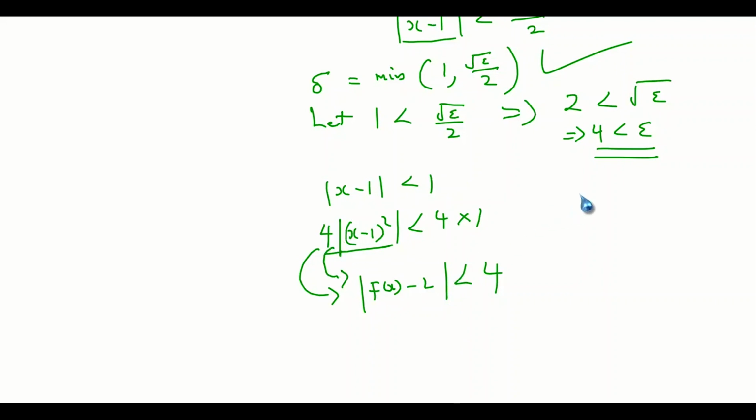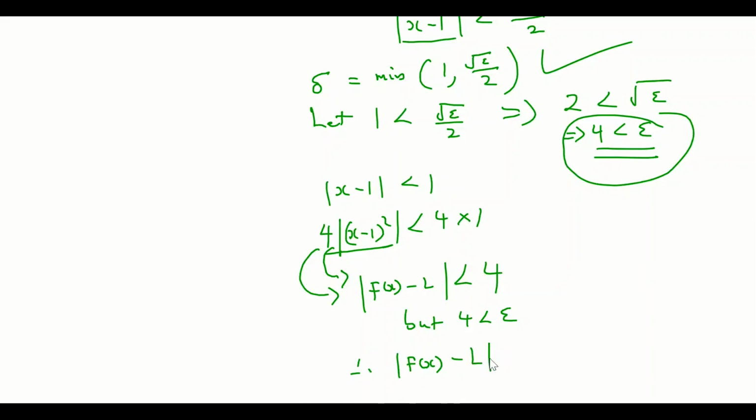But 4 is less than epsilon, as you have here. So can I say that therefore the absolute value of f of x minus L is less than epsilon. This is the final part of your proof.